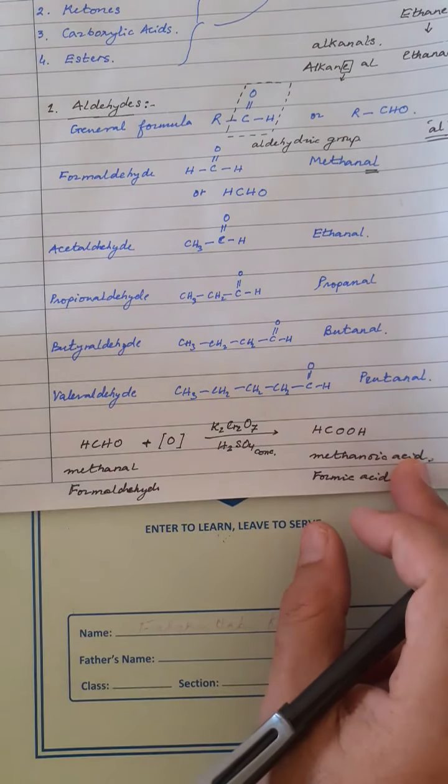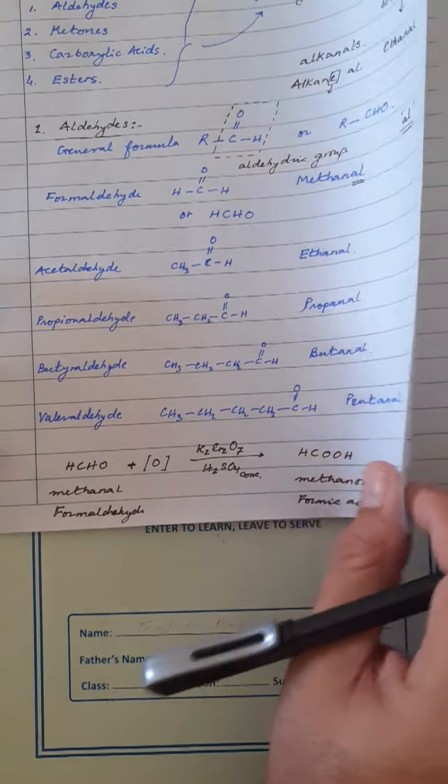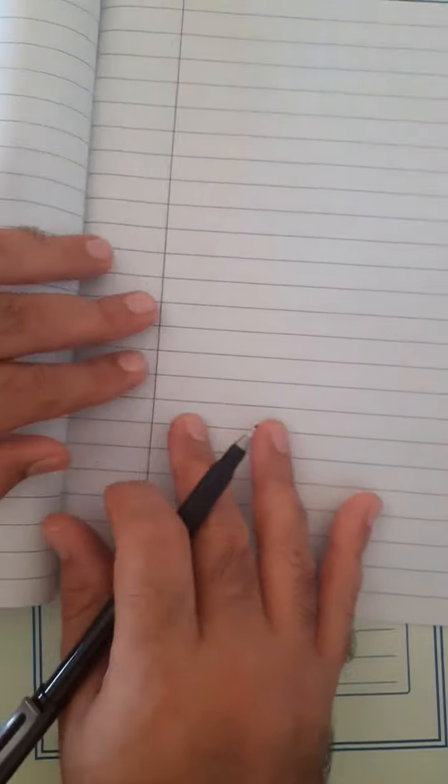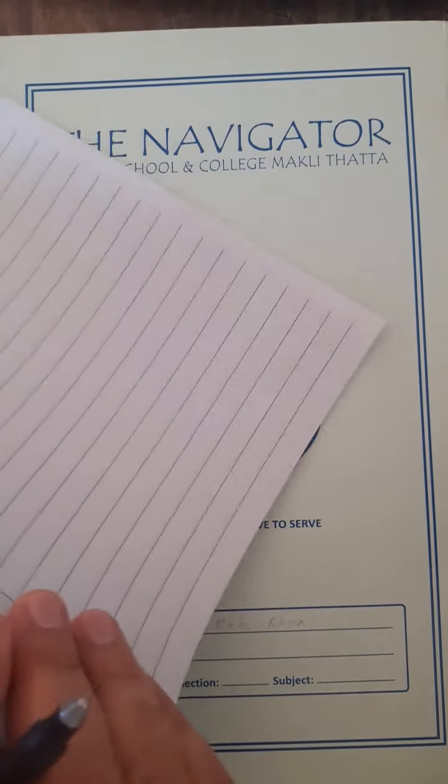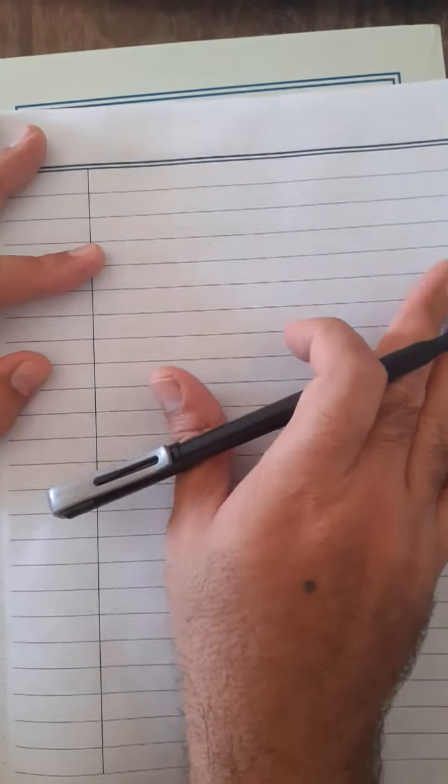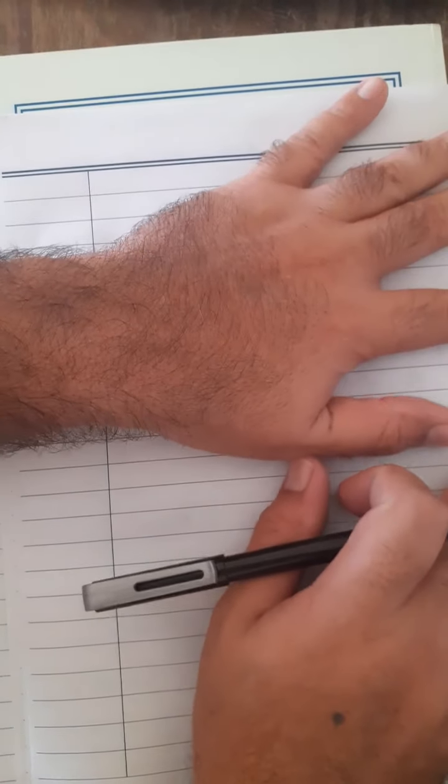Now let's see how we can name the aldehyde. Naming of aldehyde is rather easier than ethers. As I mentioned, you will make mistakes in ethers, and you guys did make mistakes in ether, and I like to correct those mistakes. It was fun for me as well.